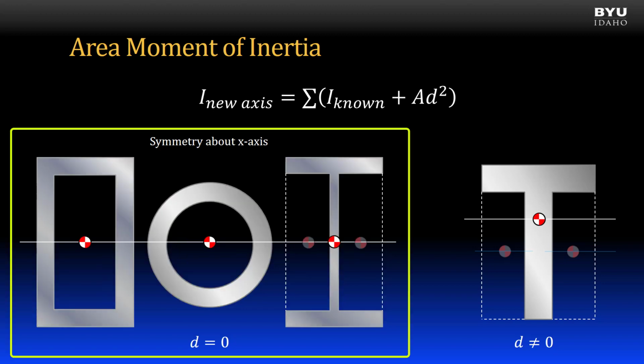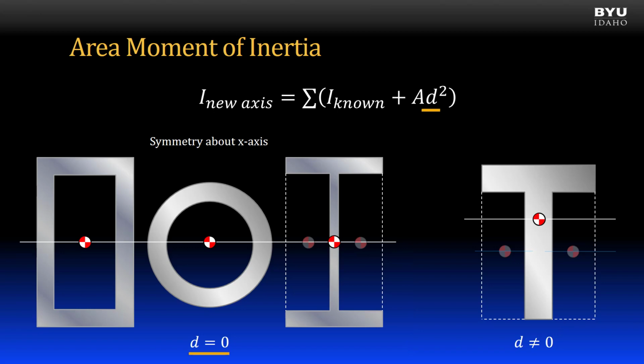Note that for these shapes, the centroids of the subtracted regions lie on the axis of the centroid of the whole shape. Therefore, the variable d in the parallel axis theorem formula is 0, and therefore the A d squared term is 0.